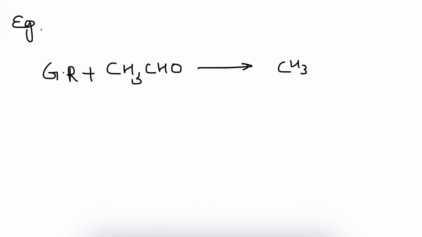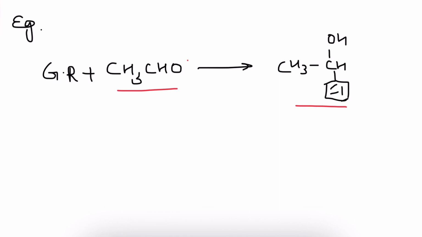Let's practice one more question in which you have to identify the Grignard reagent which reacts with ethanol to give this alcohol. So what we do here is simply compare the reactant and the product part.